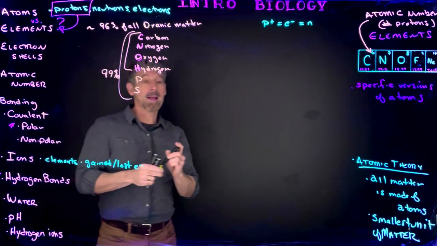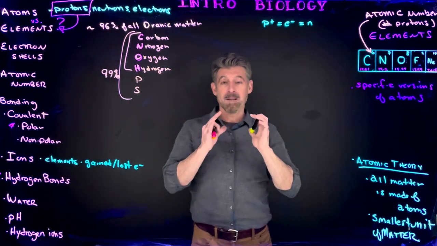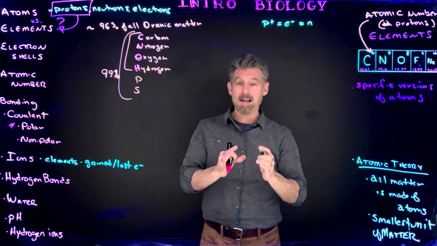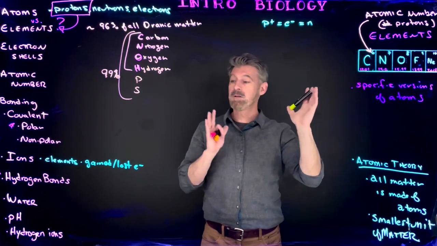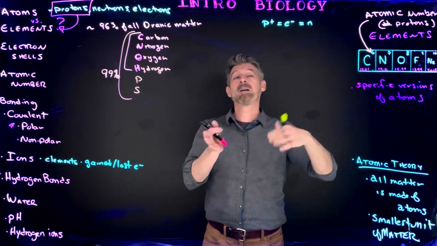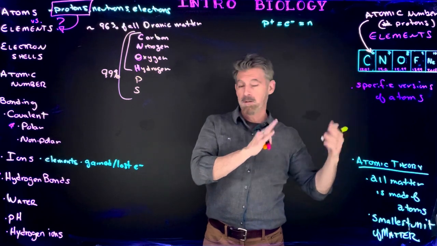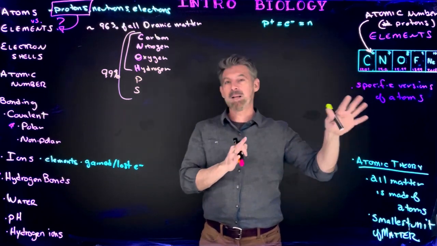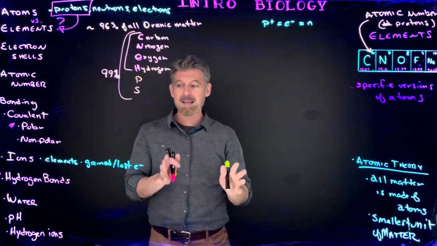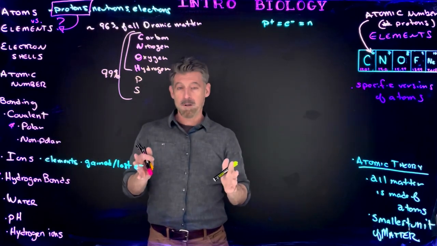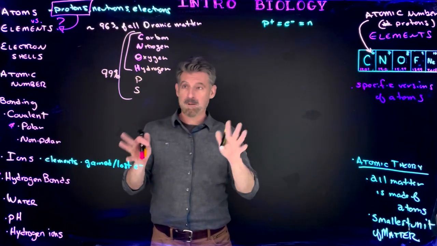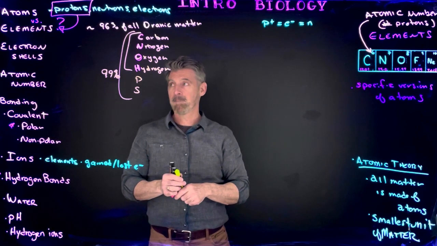They're still the same element because the definition of that element is based on protons, not electrons. So it would be an ion of oxygen or fluorine, something like that. Some elements tend to ionize more so than others. Others don't really tend to gain or lose electrons, and some of them do. That's based on some things we'll talk about a little bit here.